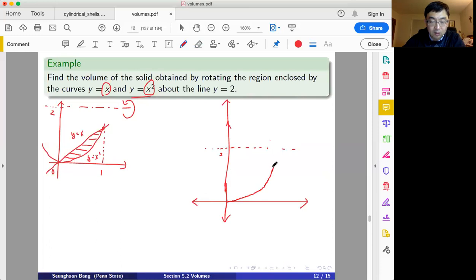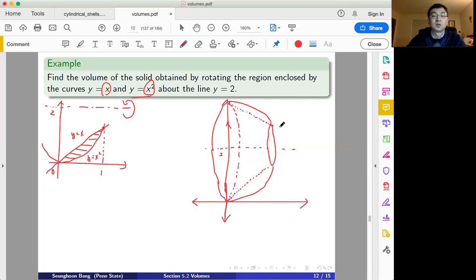So like this, we have y equals 2 here, and we have this solid. The inside one is like this. This is from 0 to 1.